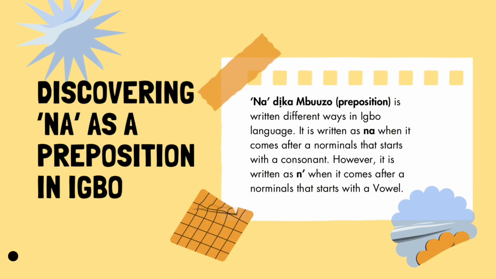That means when it comes before a noun that starts with a consonant sound. Now, it is written as n apostrophe when it comes before a nominal that starts with a vowel sound or a vowel alphabet or a vowel generally. Okay? Now, let's explain further.